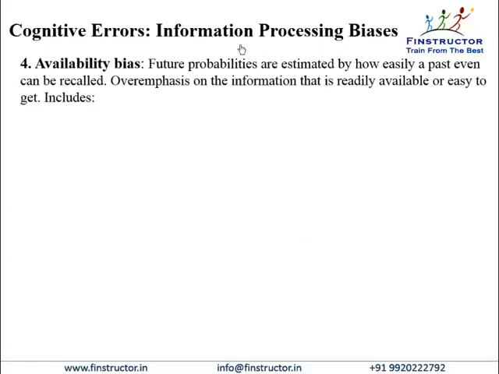So the last information processing bias is called availability. It is referred to as the availability bias, which says that future probabilities are estimated by how easily a past event can be recalled. So there is overemphasis on information that is readily available or easy to get.